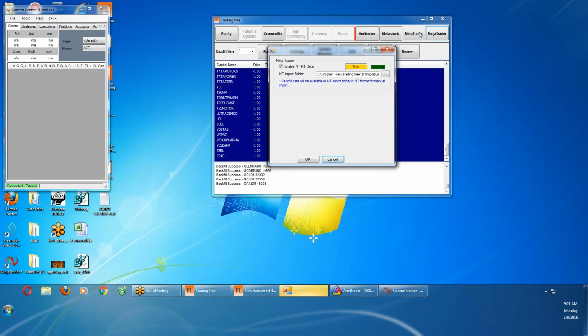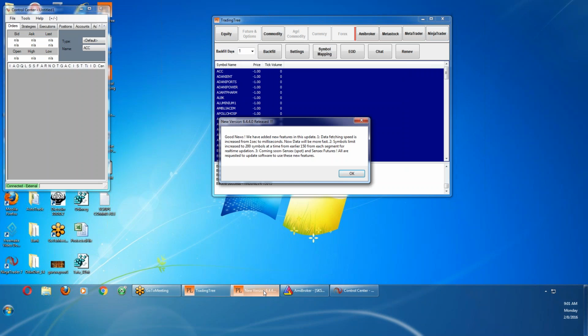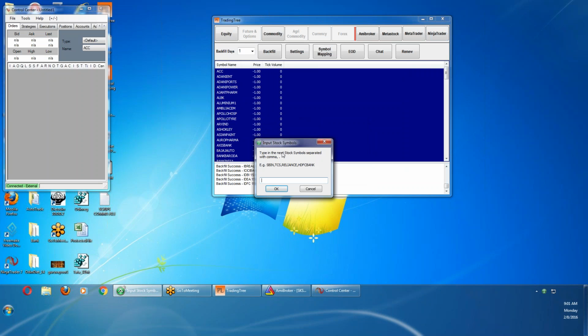Here on NinjaTrader you should have this running always. It's already running, so let me say okay. You can see the backfill is happening. After the backfill is done, I will take the historical data, and after that I will open the charts automatically.